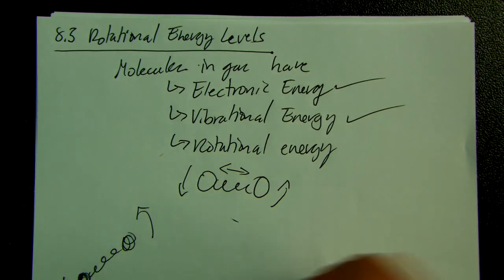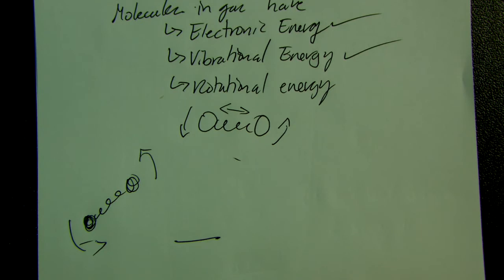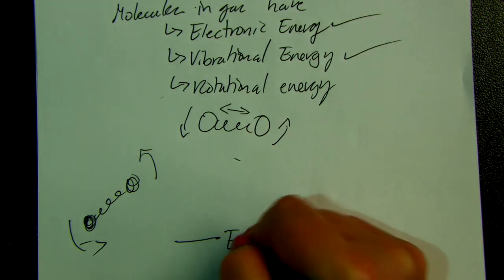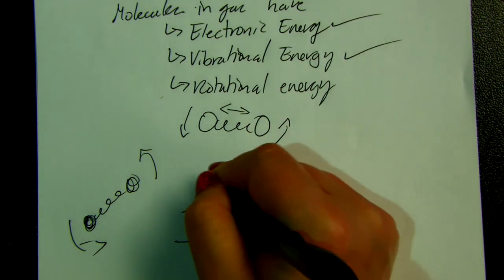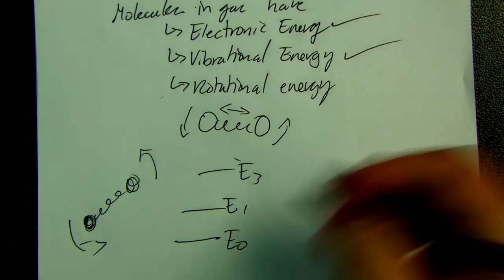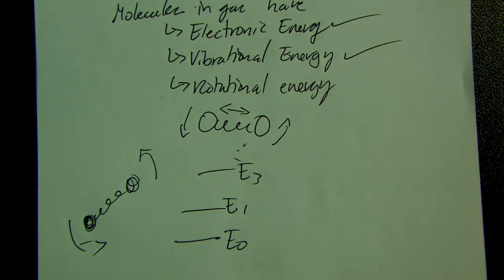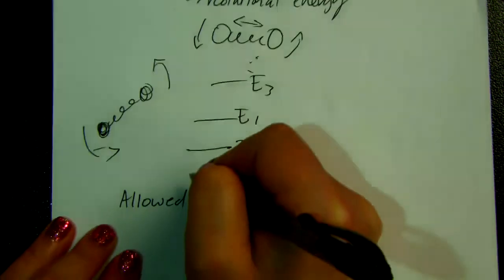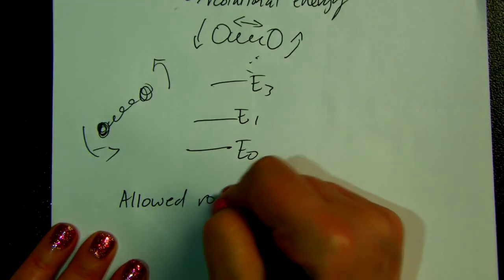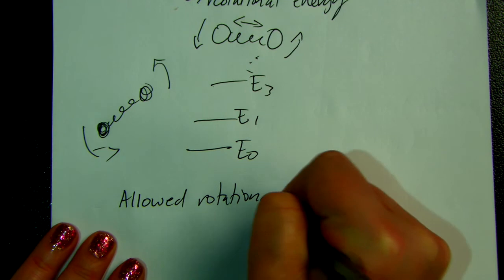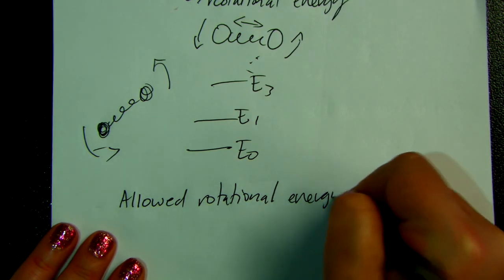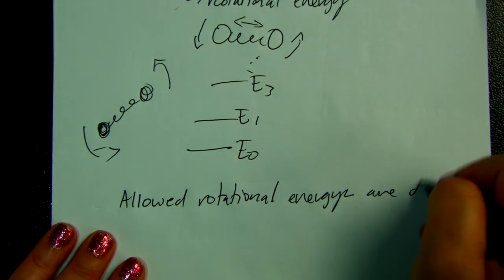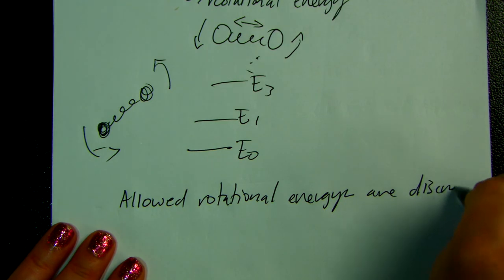So this is going to have certain allowed rotational energies, E0, E1, E2, E3, etc. So allowed rotational energies are discrete.